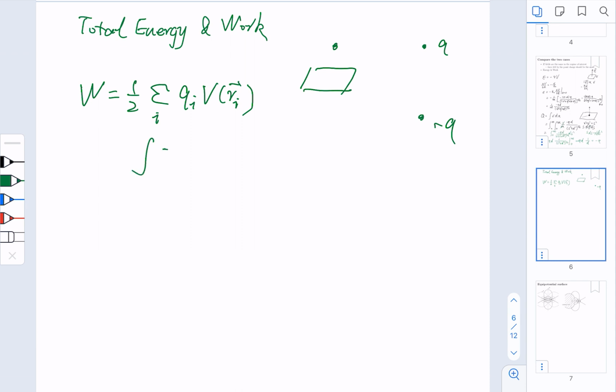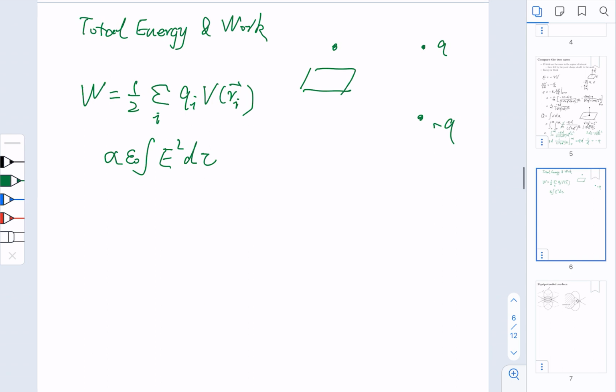So remember that the energy can also be written down as the integral over E squared. I'm not remembering if there is a 1/2 in front or not, but the energy should be proportional to the E squared over all space.